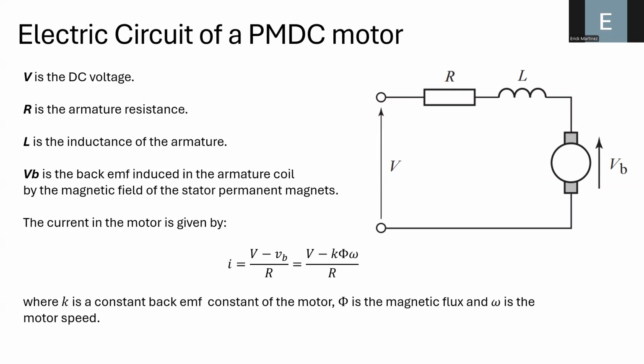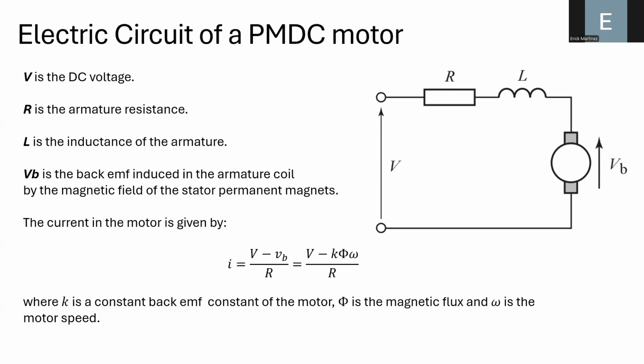In fact, you can define the back EMF voltage with a constant for the back EMF of the motor, and also this phi is related to the magnetic flux of the permanent magnets, or the flux of the magnetic field in the stator. And here we have the speed of the motor, in radians per second.